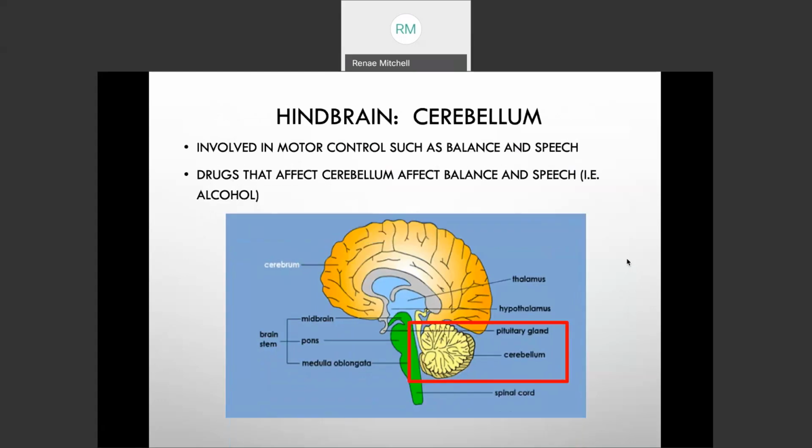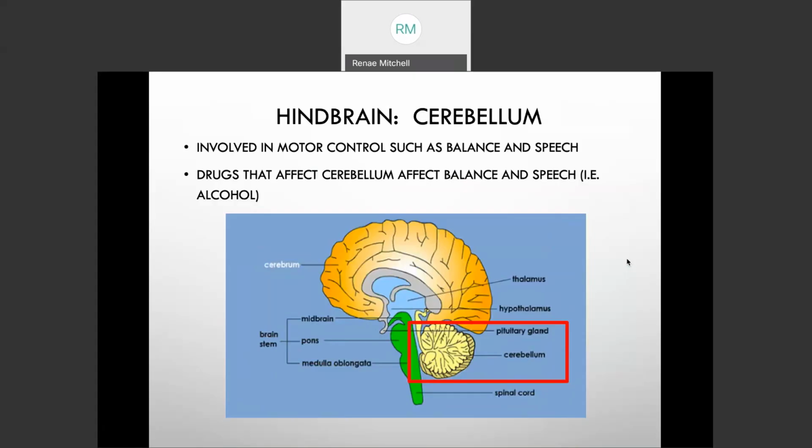Another part of the hindbrain is the cerebellum. This is located towards the back of the head, in this diagram to the right of the medulla oblongata. The cerebellum is responsible for motor control, and in particular balance, such as in walking and in speech. So drugs that affect this part of the brain will affect your balance and your speech.